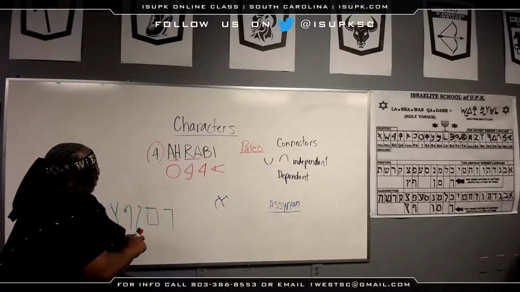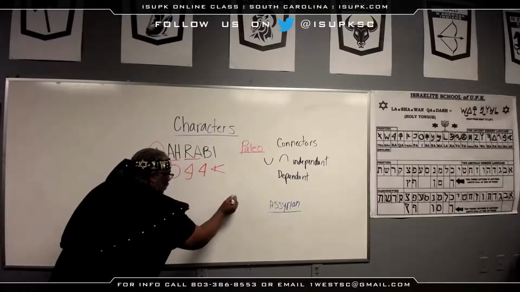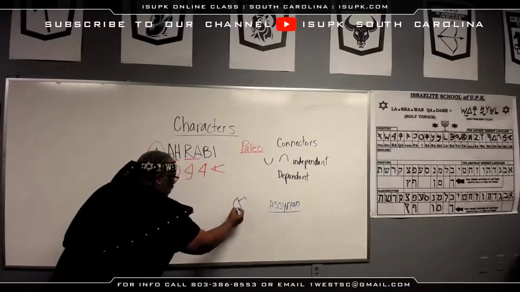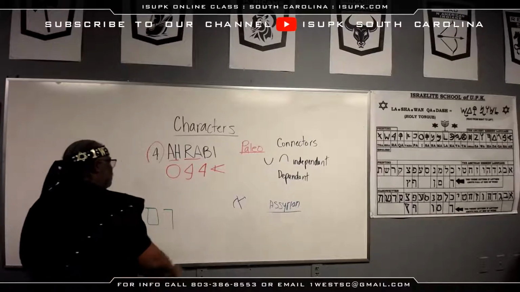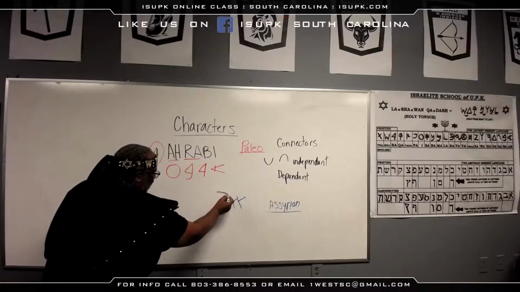And in the Assyrian, it looks like this. Let's put it over here. Ra. All right.